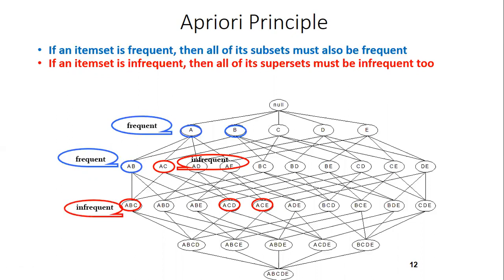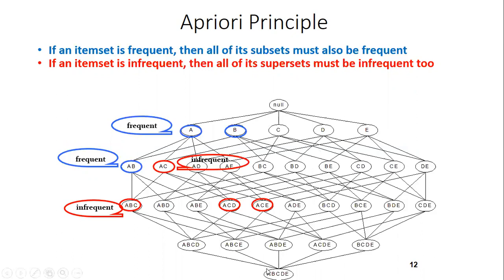Okay. So what is the advantage of the apriori algorithm? We have the apriori principle which says that if the item set is infrequent, then all its supersets must also be infrequent. In a naive algorithm, in the item set lattice, if there are 5 items, then there will be 2 to the power of 5 candidate item sets.